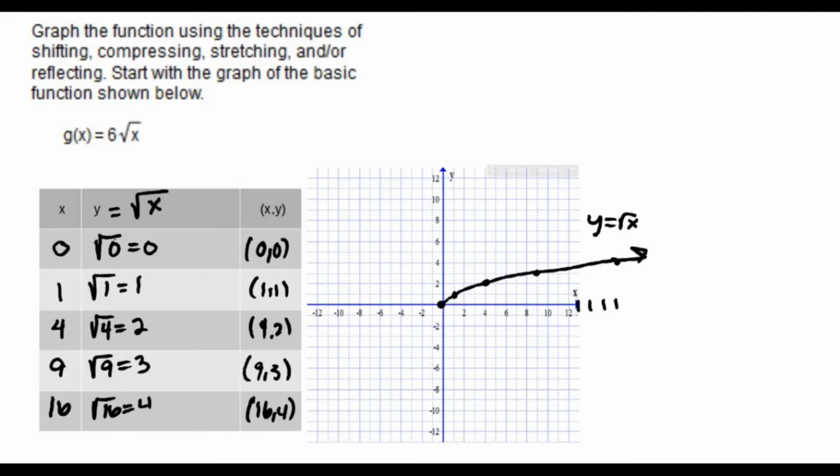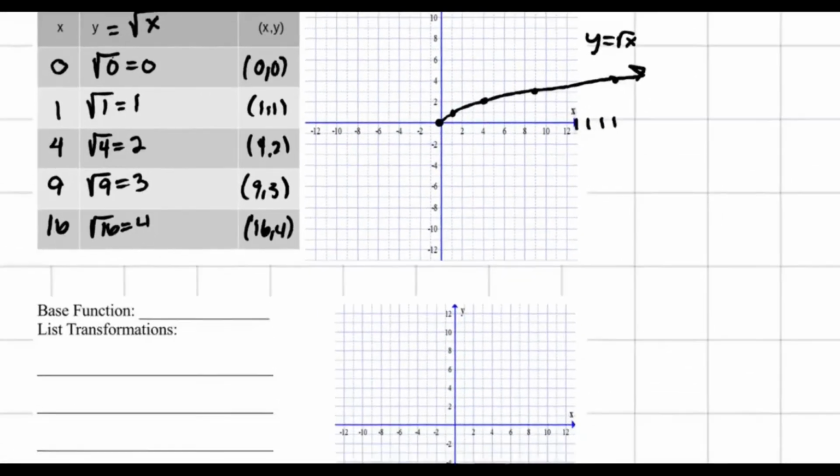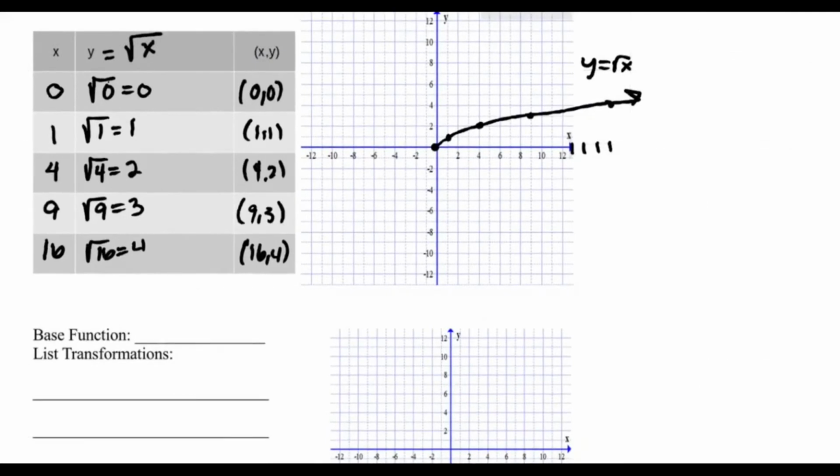But we want to graph the transformed function g of x equals 6 times the square root of x. So we've already determined that our base function is y equals the square root of x, and we're trying to graph g of x equals 6 square root x. So we have one transformation, and that one transformation is the multiplication by 6.